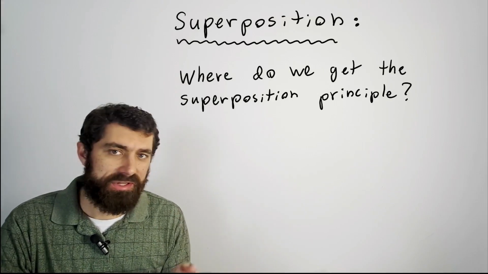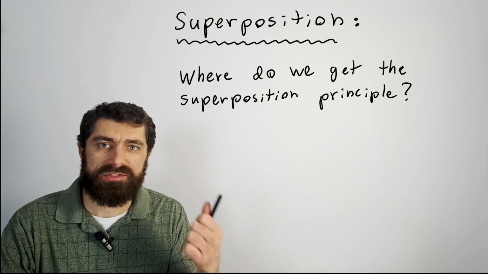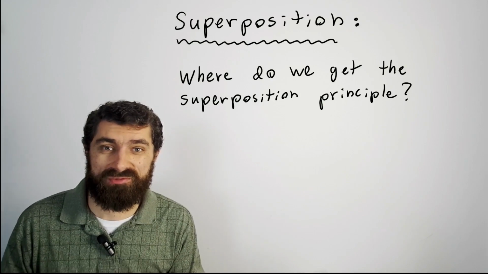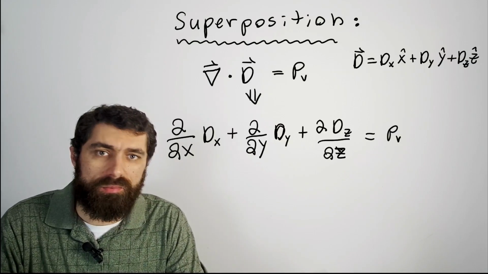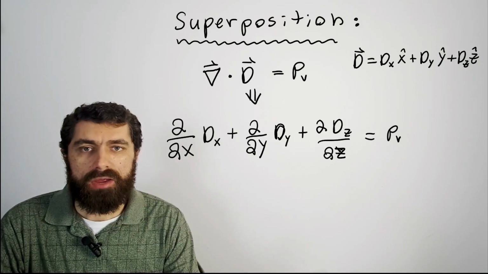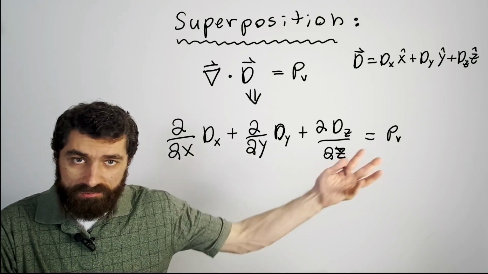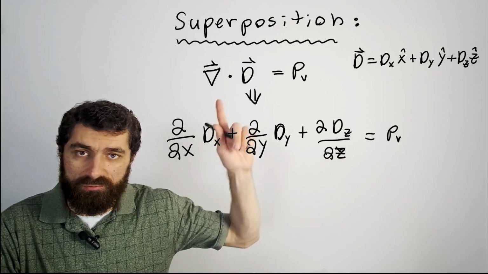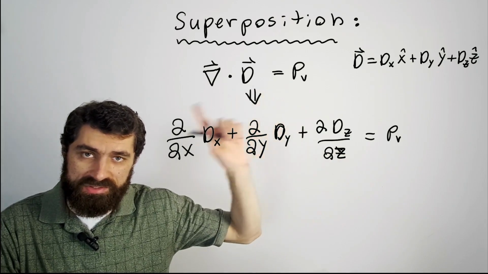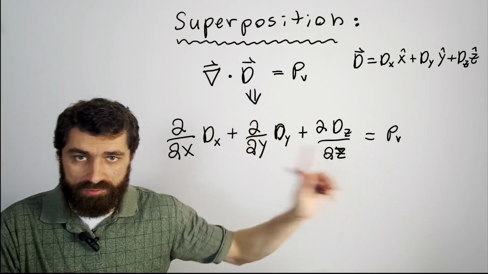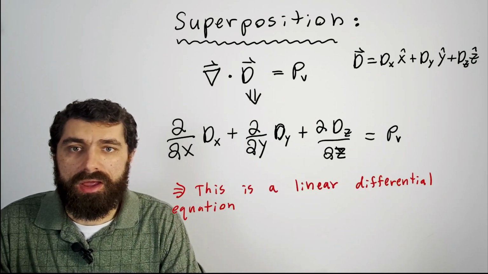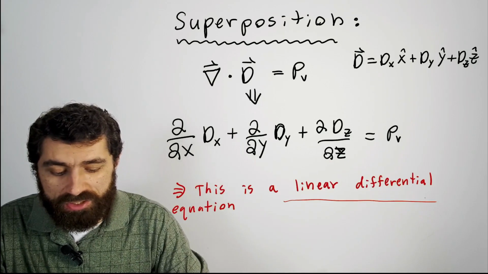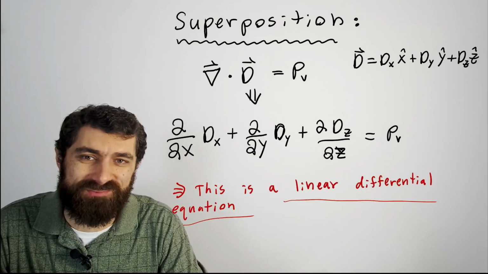Now you might be wondering, where do we get this whole idea of superposition from Gauss's law? And the way we get superposition is, I want you to think about what type of equation this is. If we expand this, it's del dot D, we get this equation here. And I want you to notice that this is a linear differential equation.